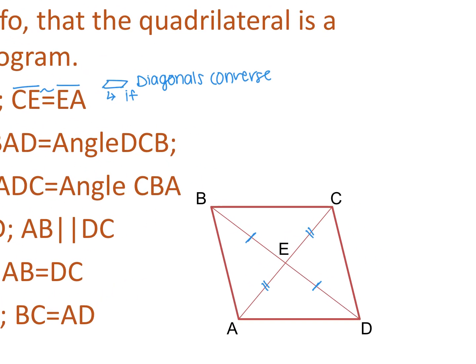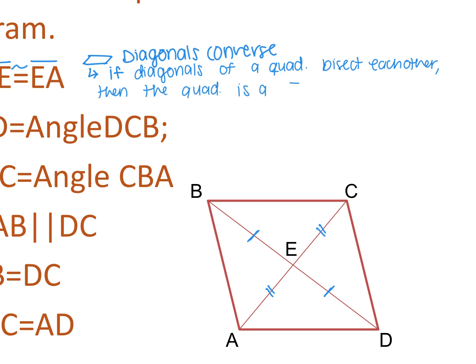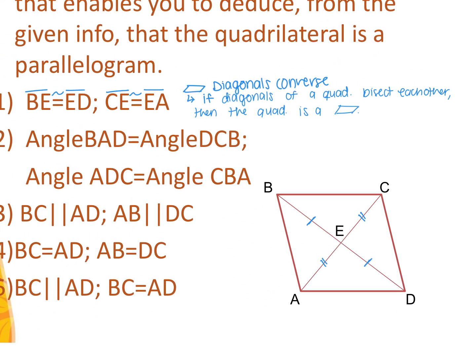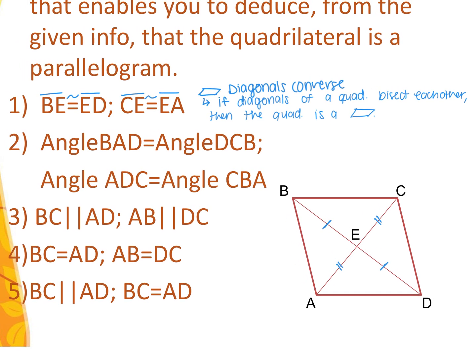If the diagonals of a quadrilateral, I'm just going to put quad, bisect each other, then the quadrilateral is a parallelogram. Okay, so I'm just writing the definition there so we have it.